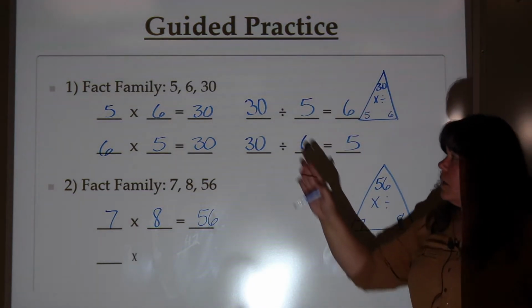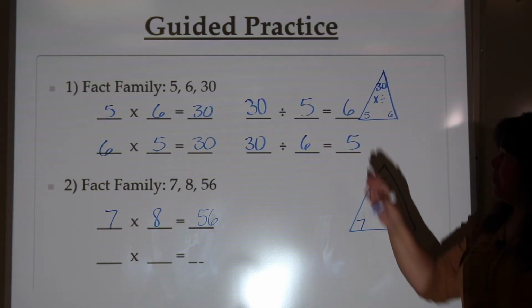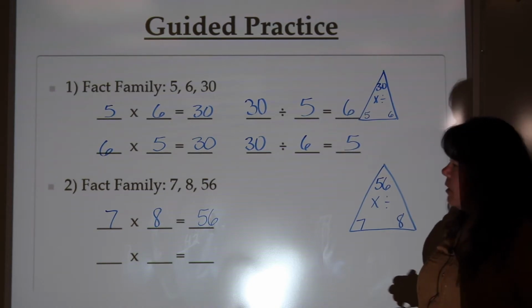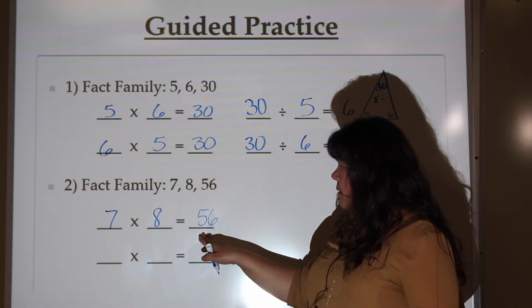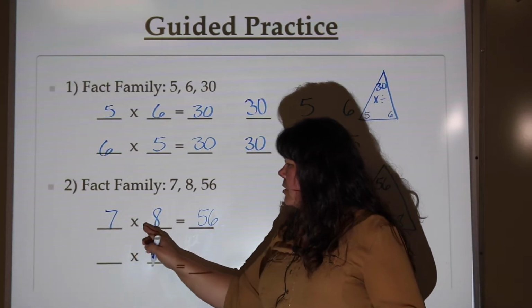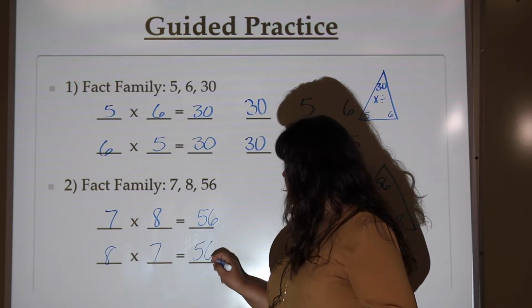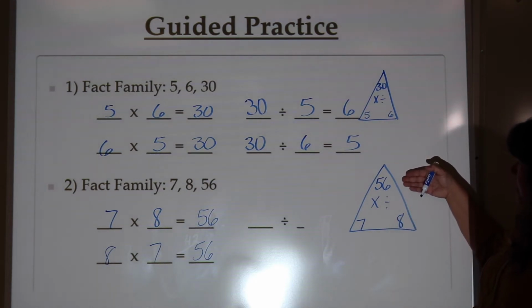Remember, there's 4 fact family problems that you can write out. So 2 multiplication, 2 division. So I cannot start with 56 because I'm multiplying the 2 smaller numbers, so we're just going to switch those. 8, 7, 56. In division, we start with the big number, the one that's on the top here.